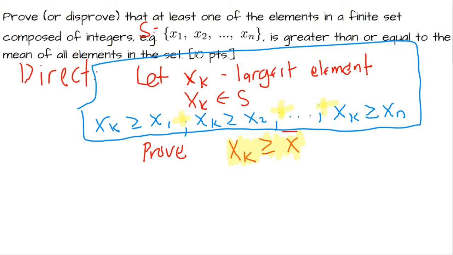How many x sub k's are there? There will be n in terms of the number of elements. So it becomes n times x sub k, and that will be greater or equal to x sub 1 plus x sub 2 until x sub n.